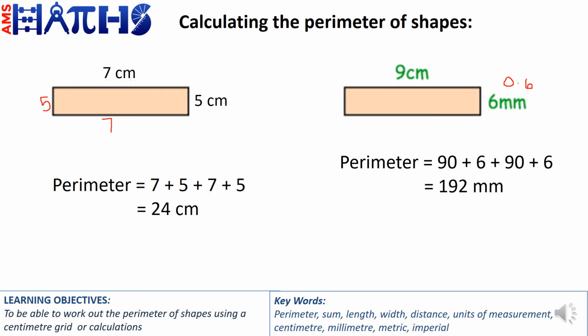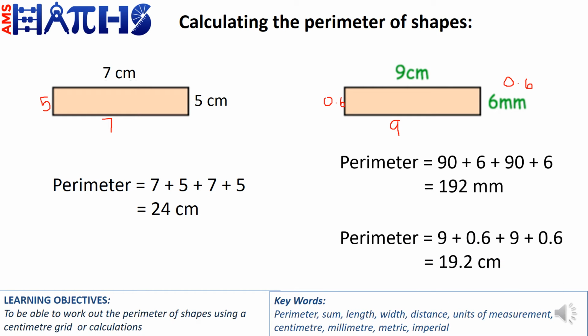Now that we have converted this, we can identify the lengths of the opposite sides, then add them together. So this side is 0.6 centimeters and this side is 9 centimeters. All we need to do now is add the lengths together to get the perimeter, and so that would give us 19.2 centimeters.